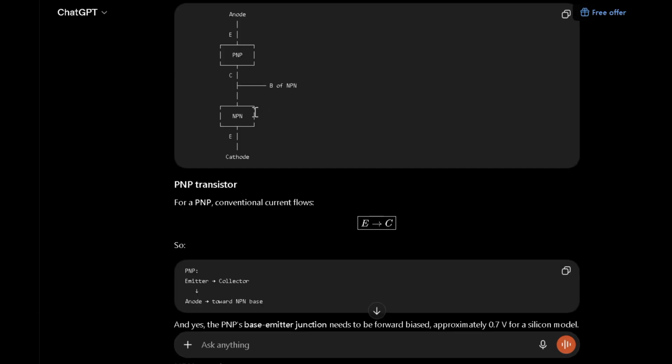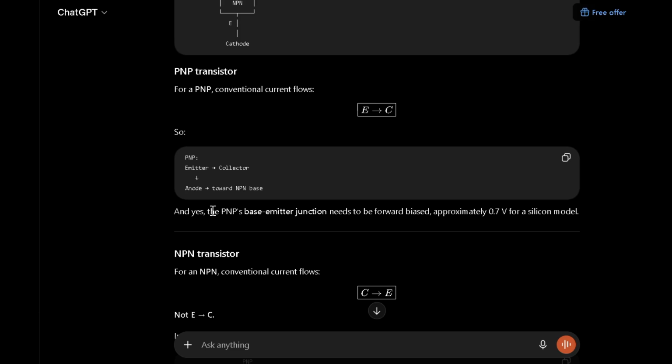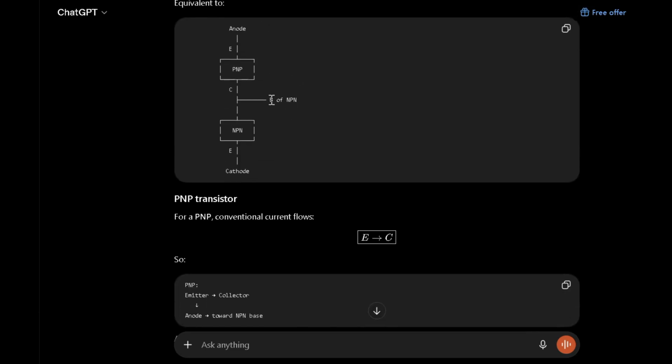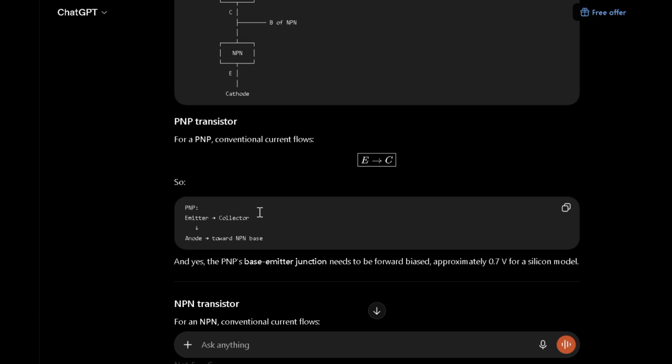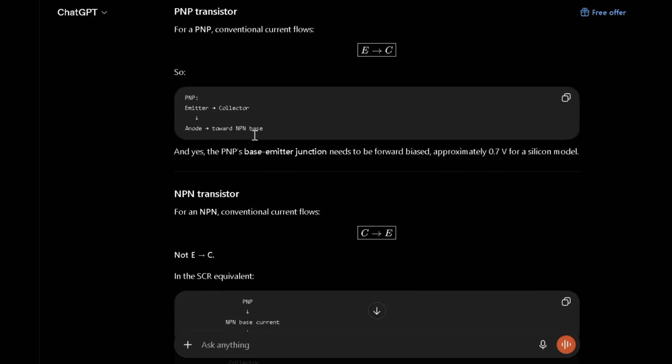For a PNP, conventional current flows from emitter to collector, toward the NPN base. The anode is connected to the PNP emitter, and current flows from emitter to collector. For an NPN transistor, current flows from collector to emitter.